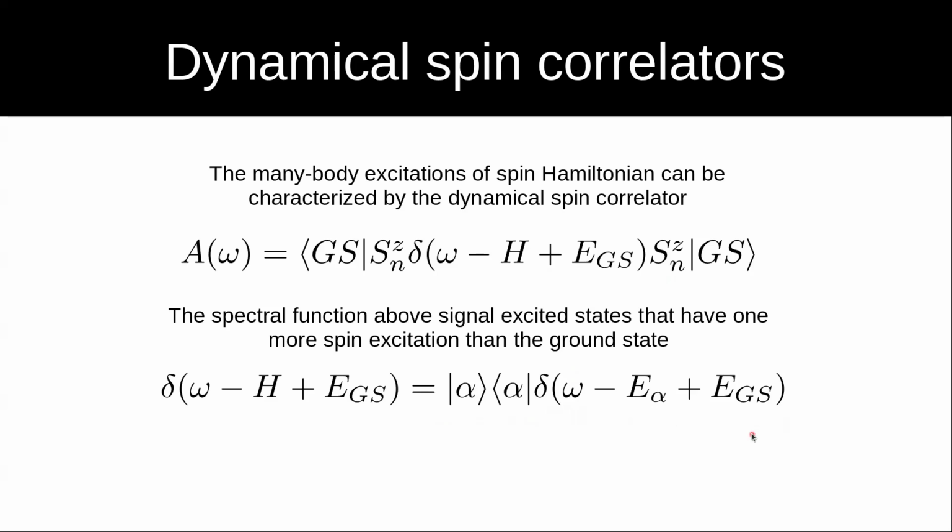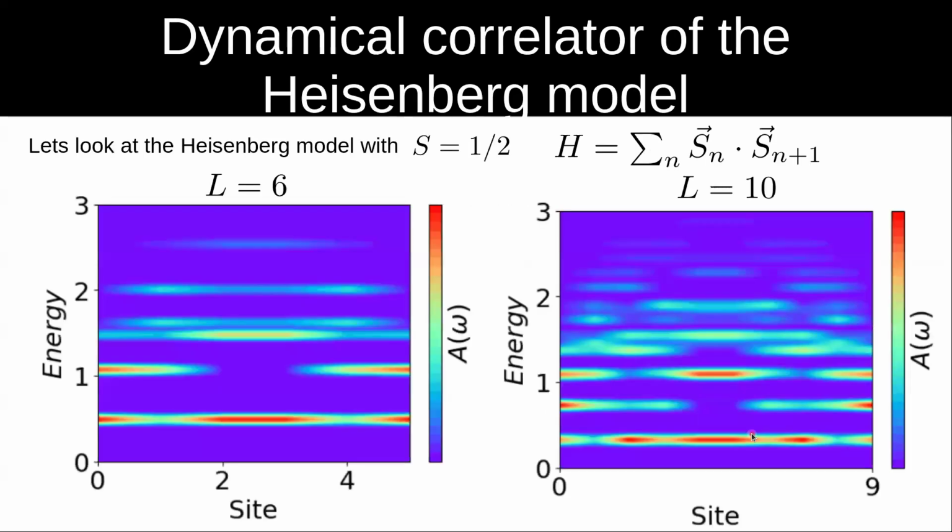Okay, let us look at how this looks for spin models. Let's take, for example, a spin 1/2 Heisenberg model, the same spin chain as we used before. If you take, for example, a system with L equal to 6, what you actually observe is that this dynamical correlator is, let's say, 0 up to a certain energy. At a certain energy, you get a profile that lives in the whole chain.